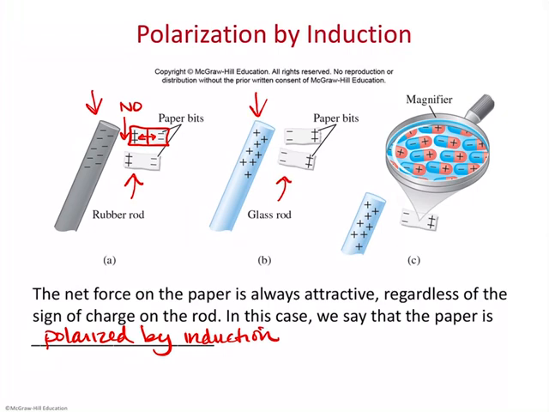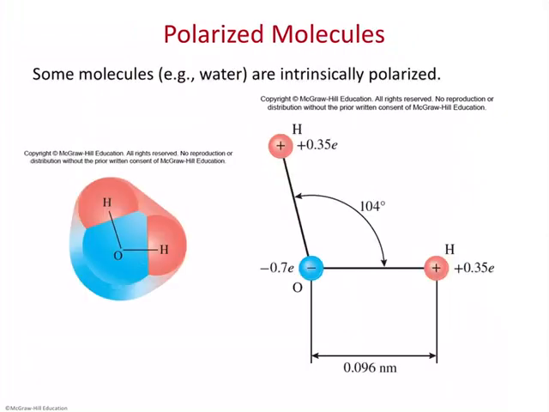Induction is just a charged object moving close to another object and causing those charges to move. I put this one on here because maybe you talked about polar covalent things like that. Water is a really good example because oxygen has a lot of negatives.